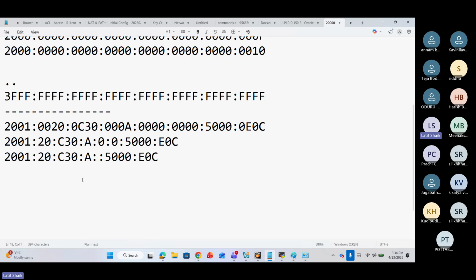It means not only two zeros, guys, two zeros or three zeros or five zeros. If they are side by side, we can remove them and represent them with a single colon only.